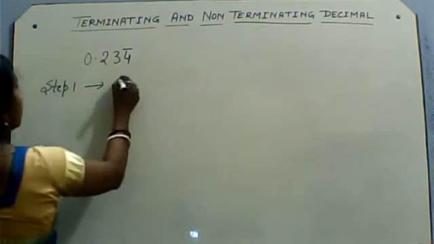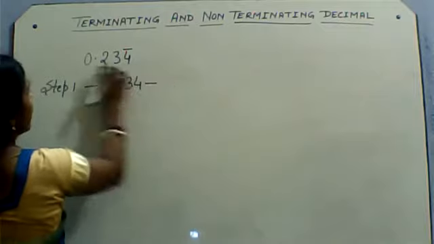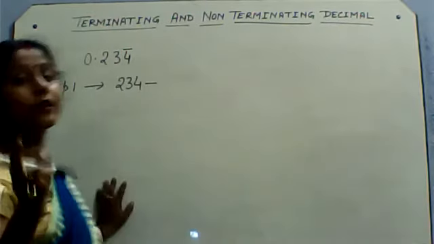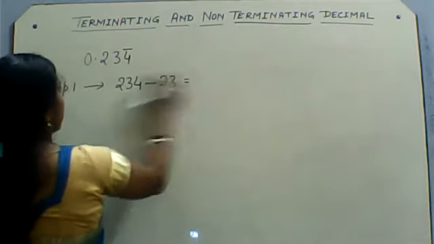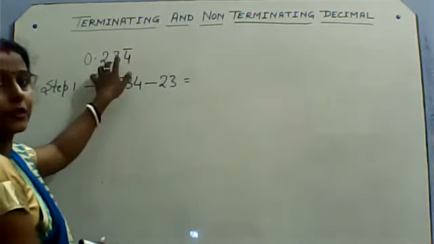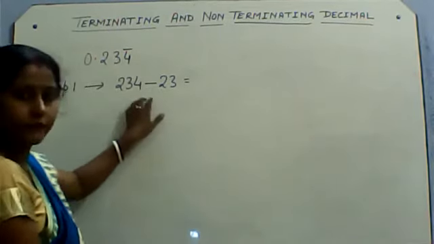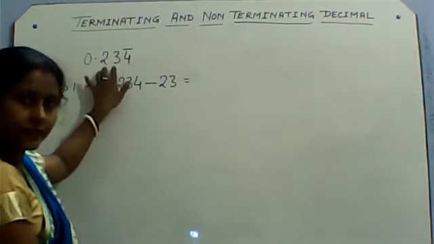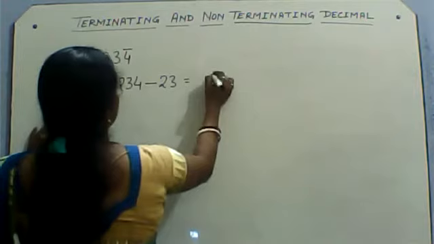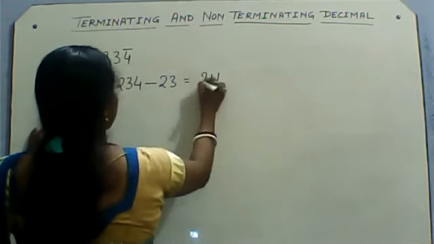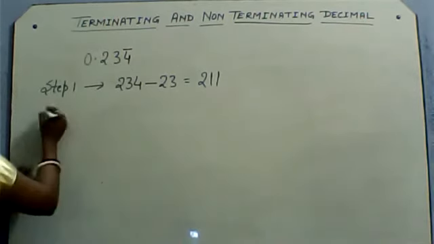So we will subtract from 234 this non-repeating part, 23. Non-repeating digits we will subtract from the whole decimal number. 234 minus 23. So what will come? 4 minus 3, 1. 3 minus 2, 1. 211. Okay.